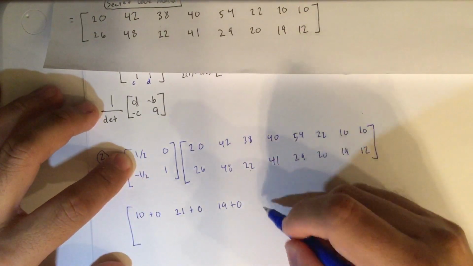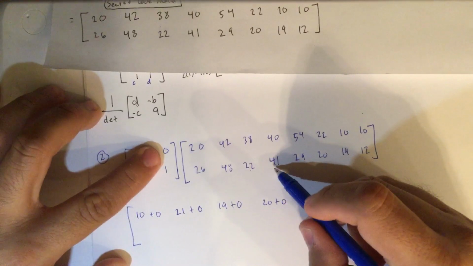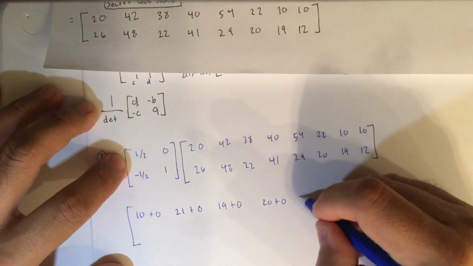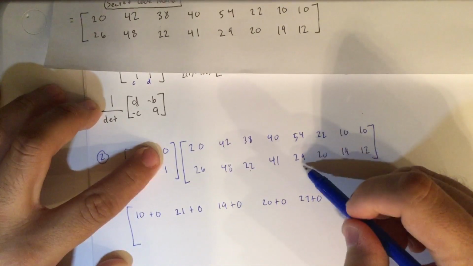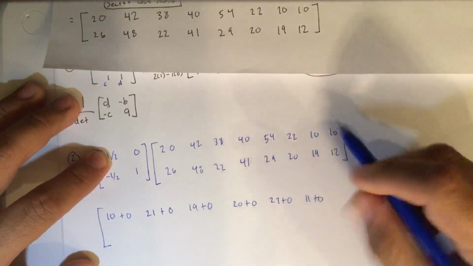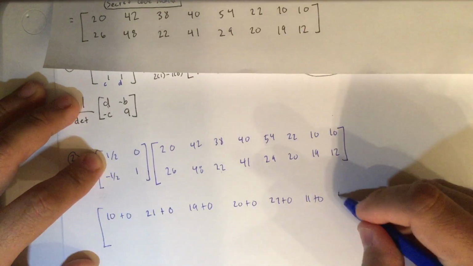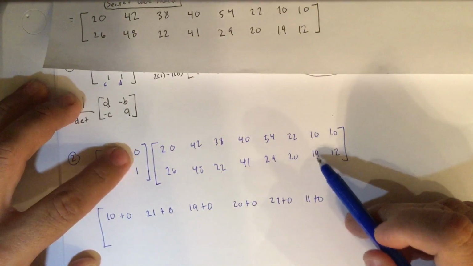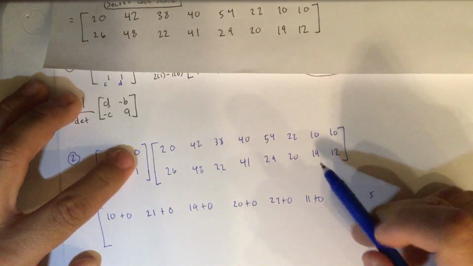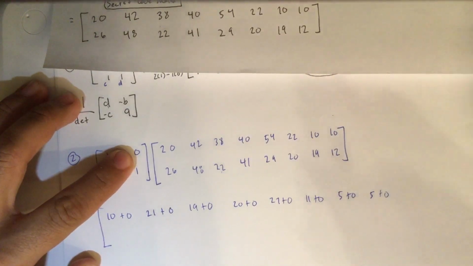Half of 40 is 20 plus 0. 0 times 41 is 0. Half of 54 is 27 plus 0 because 0 times 29 is 0. Half of 22 is 11 plus 0. Half of 10 is 5 plus 0. Once again, it's 0 because 0 times 19 is 0. Half of 10 is 5. 0 times 12 is 0.